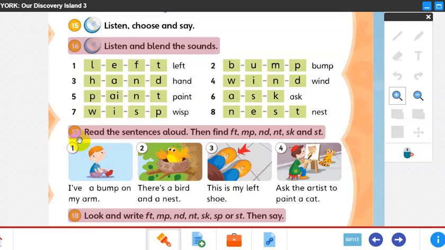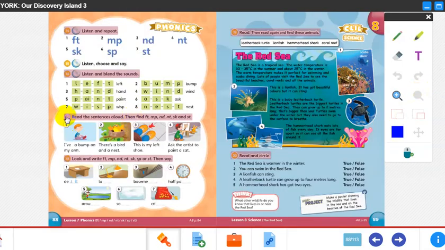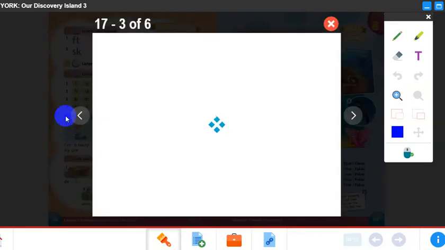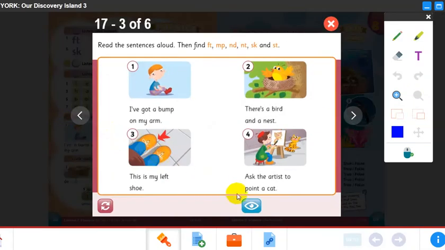In this activity, we are going to find ft, mp, nd, nt, sk, and st. And I think all of you can identify and extract these consonant clusters so easily. But let me quickly show you.